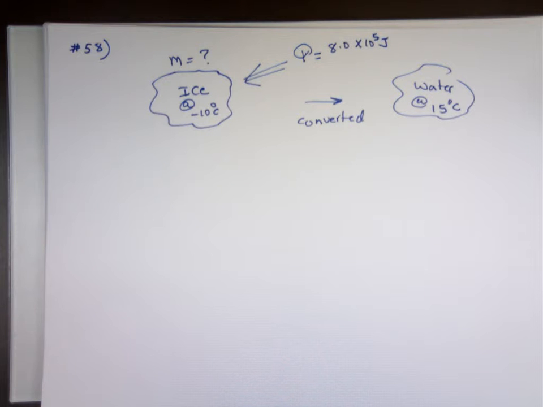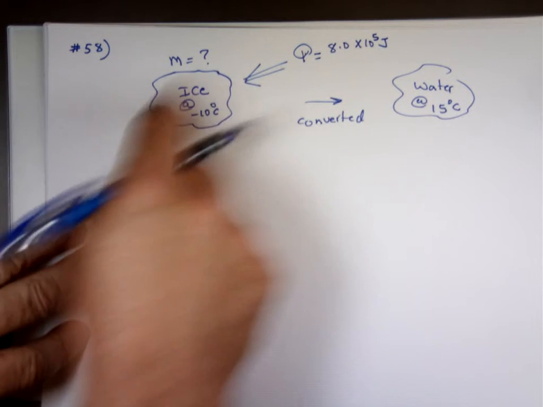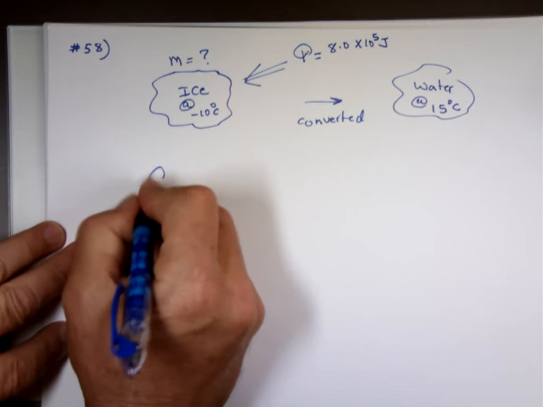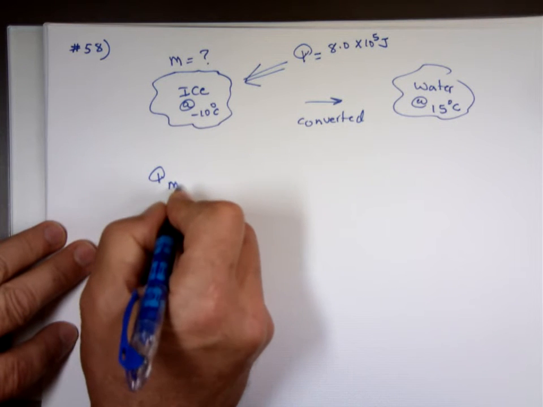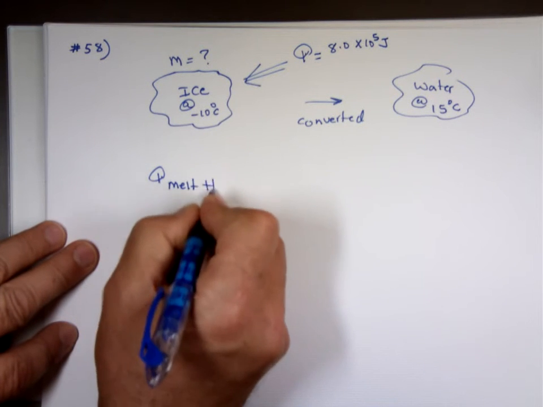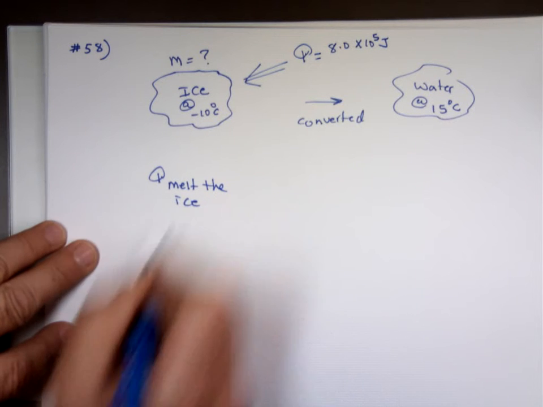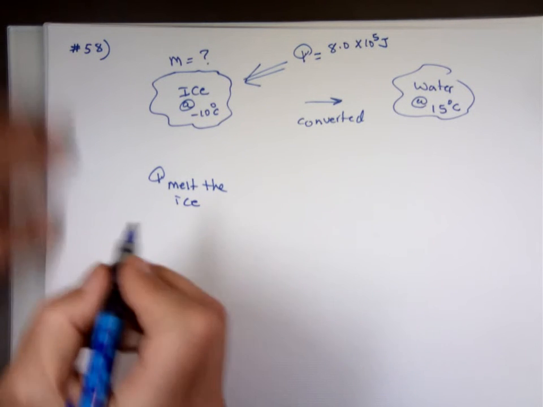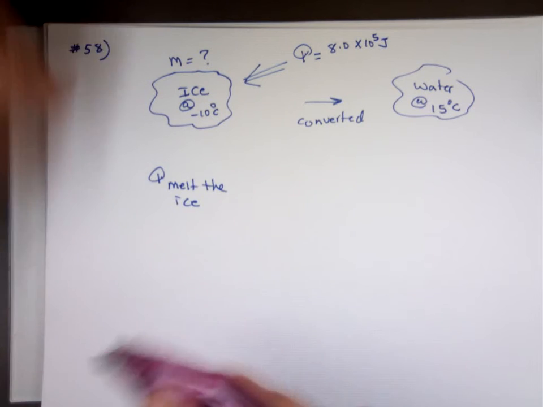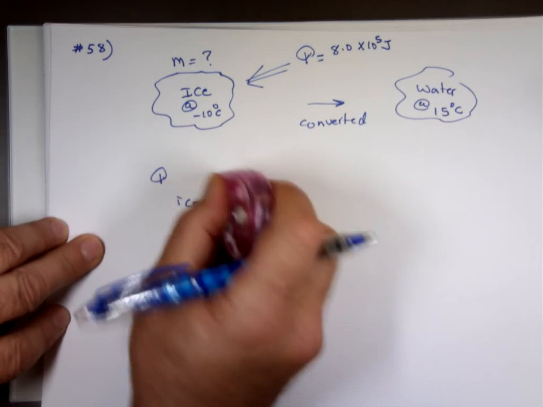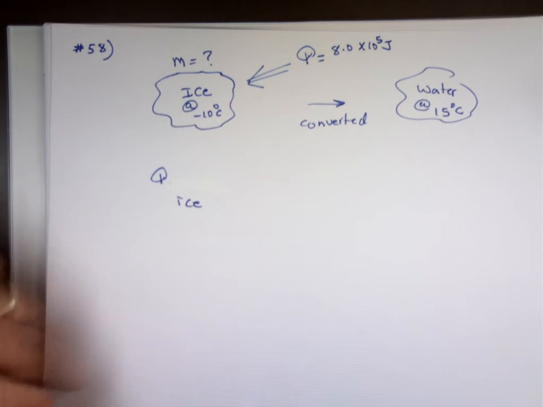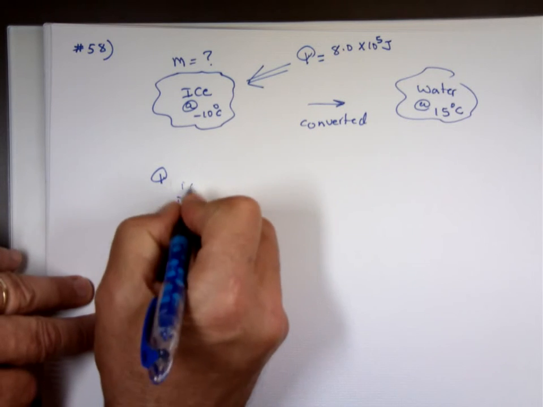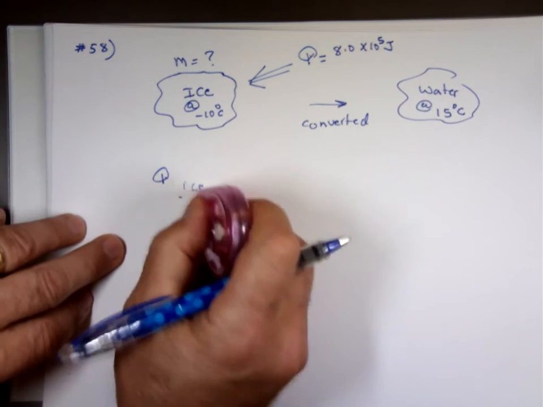So the amount of heat that was taken by the ice, first we had to melt the ice, or before that, actually, before we melted even, because what was the temperature of the ice? -10. You can't melt it till you go from -10 to 0 first.